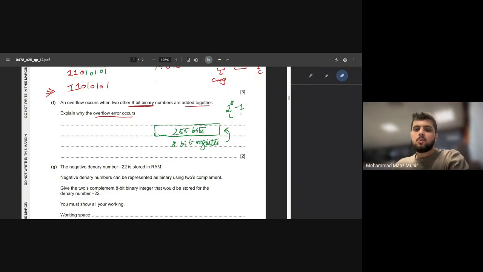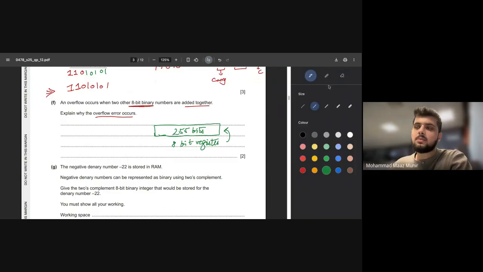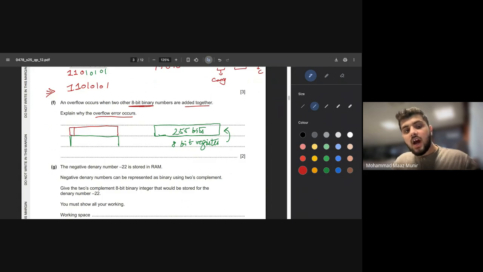So when we say it can store 255, it's the same thing as having a rack which can only store 10 books, but I want you to store 12 books in it. Is it possible? No, right? If the rack has no specified ends, all your books are lying here, and I tell you to add one more book, it will be added. Now I say push one more book in.